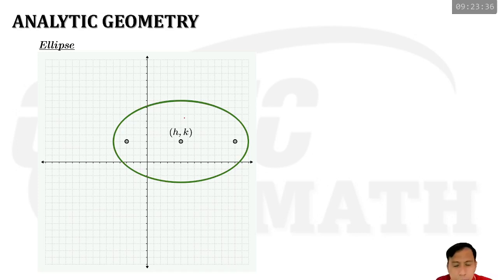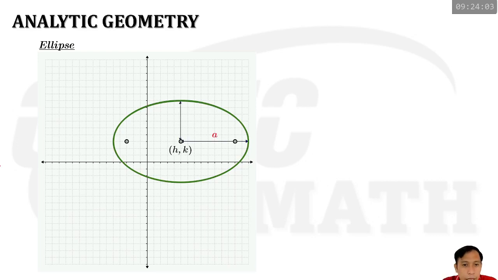Now, if the center of the ellipse is located at hk, no? That means x coordinate is h, y coordinate is k, no? And the longer distance, parang longer radius siya, we call that as the semi-major axis, denoted as A, okay?